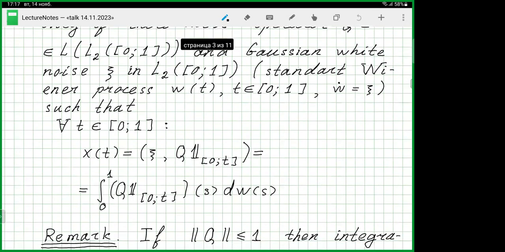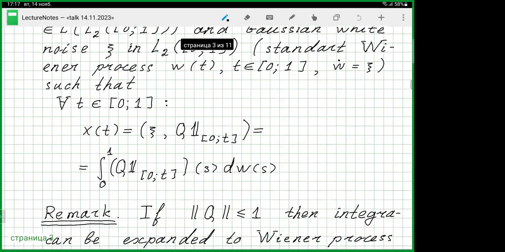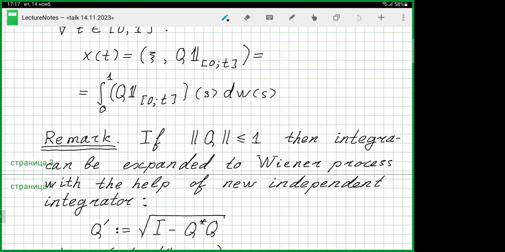Let's go further. Now I'm supposing that the operator norm of our operator Q is less than or equal to 1. It occurs that in this case, the integrator can be expanded to a Wiener process with the help of a new independent integrator.